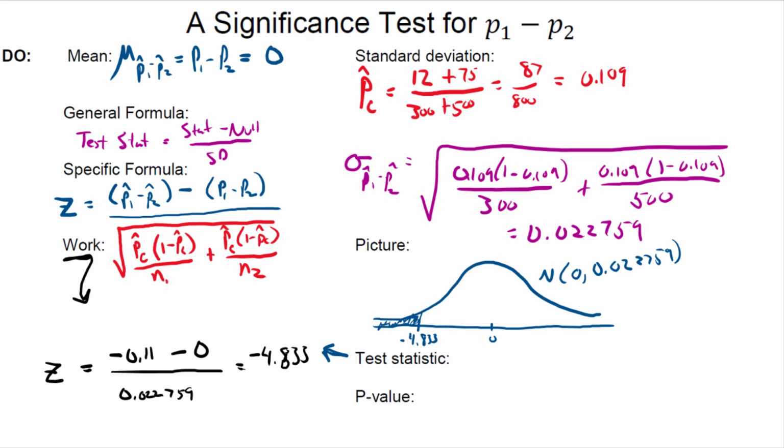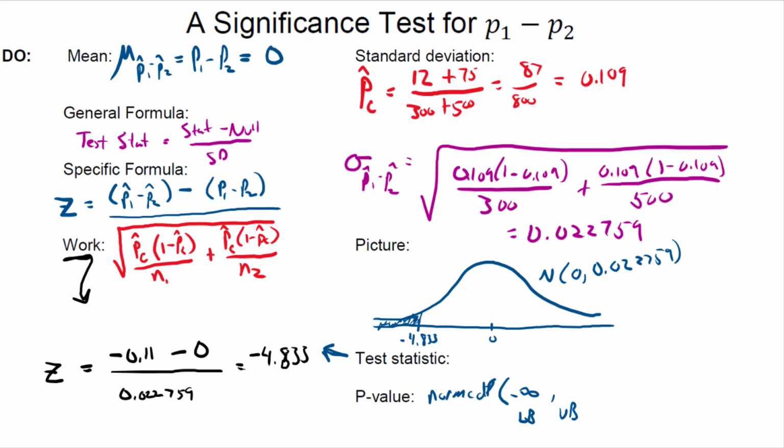So now we need to do our p-value. To do your p-value, if you have a TI-Nspire, it's menu 6 5 2. So you should get a normal CDF. You write that out even if you're using the Desmos calculator, just write out normCDF because you're going to do the same thing on there. In which case, then you're going to talk about your lower bound, which would be negative infinity.